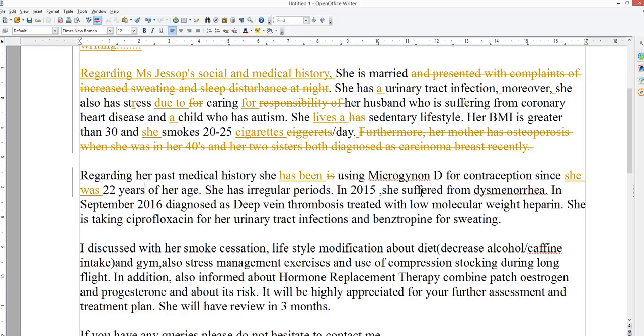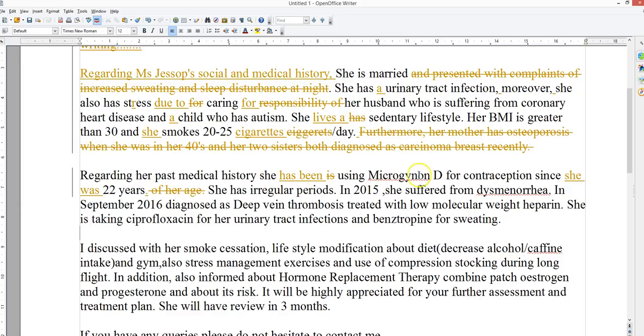We need to use present perfect continuous there because we're using the adverb since. Present continuous would not work. Another very short sentence: she has irregular periods. So what's the connection? You need to join these sentences up.